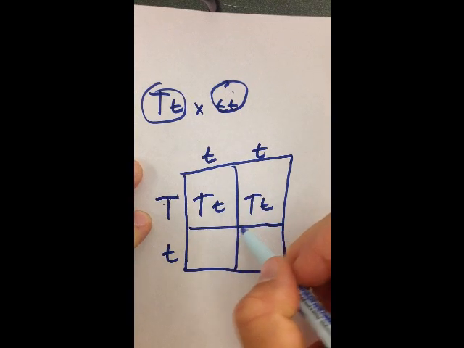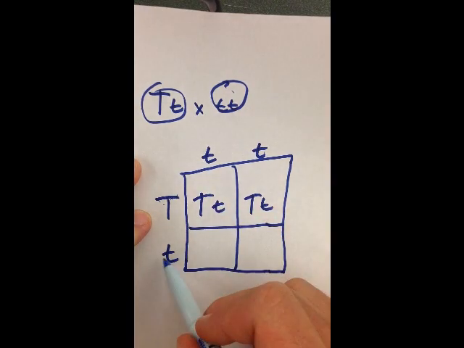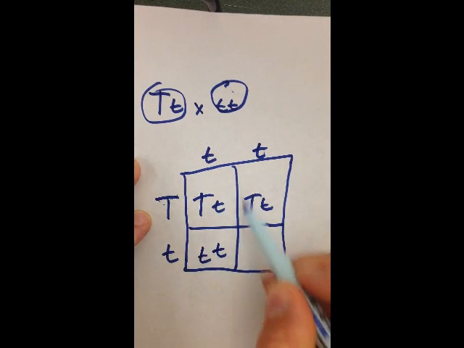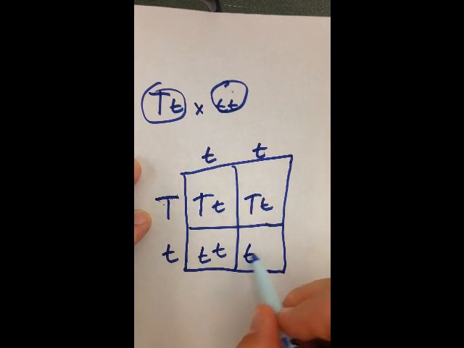This is also heterozygous. If I go down here, I would get little t from this parent and little t from this parent. And I would get little t and little t from this parent. Now this only works with traits that show dominant and recessiveness. And so what this does is it gives us a probability of what we would see in the offspring.